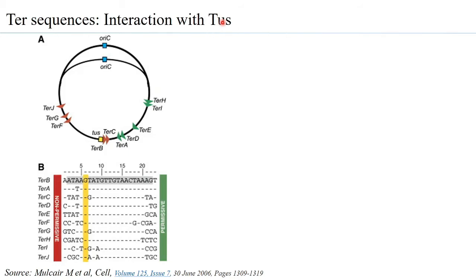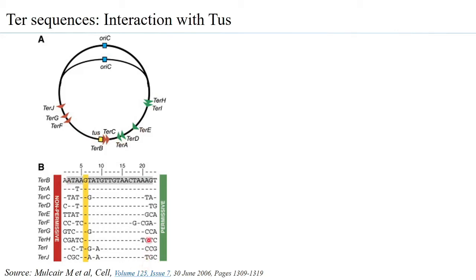The sequence present in the TER is utilized by the TUS protein to bind to the TER region. So you can have the TUS binding here, here, here, here, here. Any of the TER sequences can be bound by the TUS protein. This is allowed because the sequences are similar.